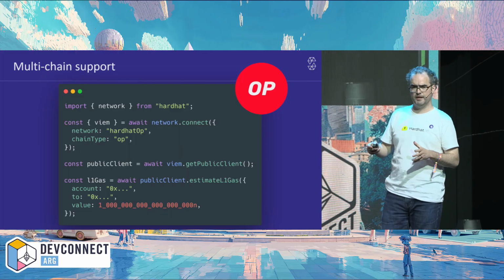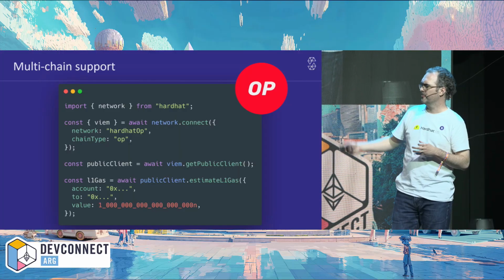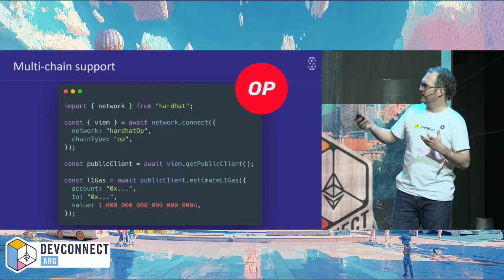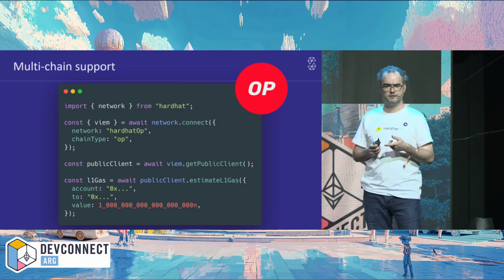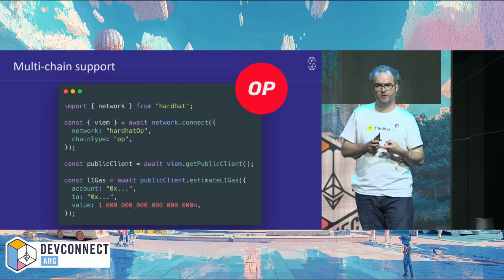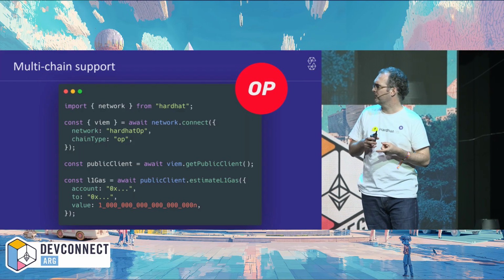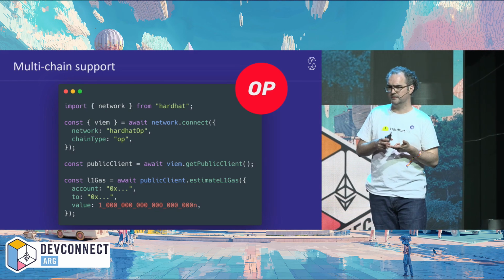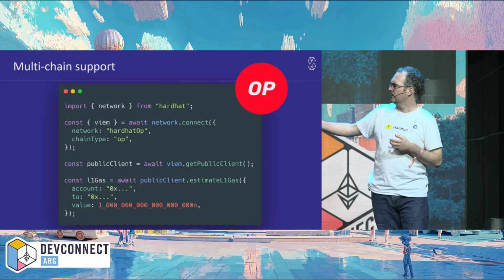On top of the additional type information, providing chain type set to OP tells EDR, if we're running a local node, to run in Optimism mode, and that will reconfigure it for different pre-deploys, or update the JSON RPC calls, and so on.